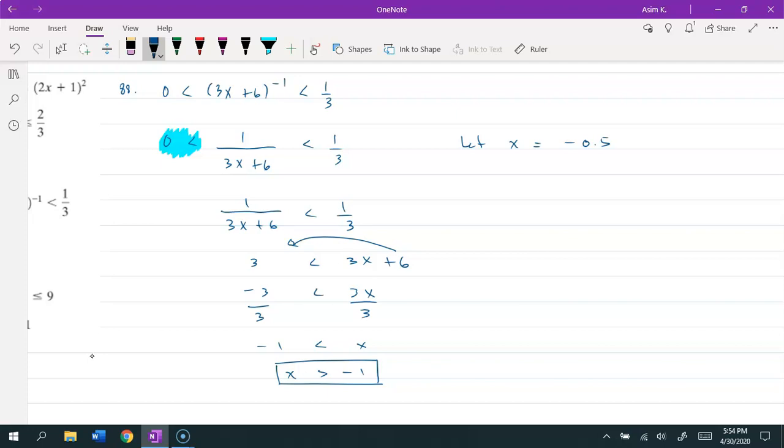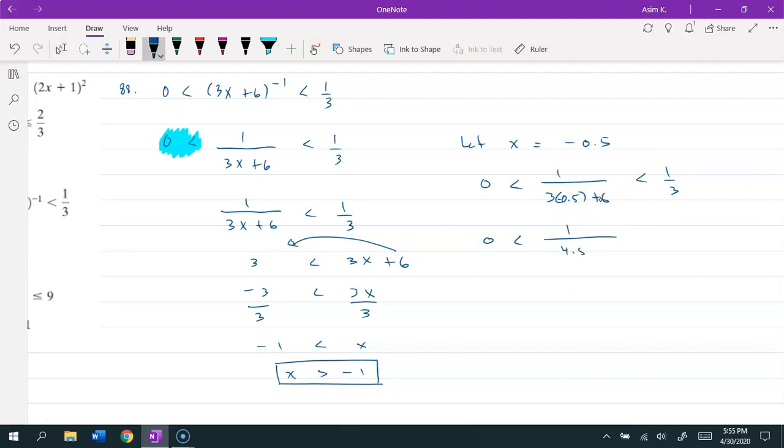So let's see if this inequality is true or not. 0 is less than 1 over 3 times negative 0.5 plus 6, and on the right side you have 1/3. Now 3 times negative 0.5 is going to give you negative 1.5, and negative 1.5 added to 6 is going to give you 4.5.